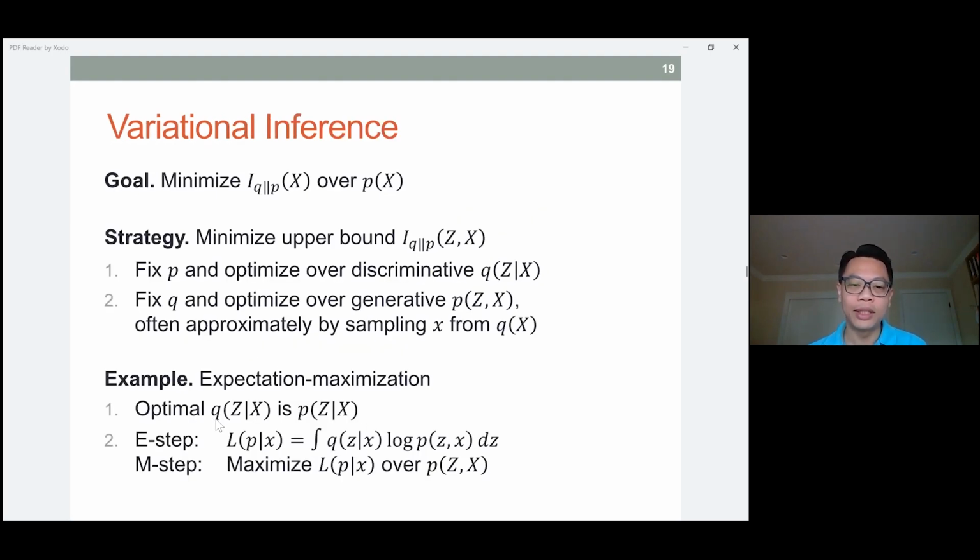Okay, so the optimal one is going to be when Q is exactly equal to P of Z given X. And in the second step, I'm going to fix Q and optimize over P. And in that step, I'm going to end up with a function called L, which is some kind of expectation, and minimizing this joint relative information is going to be equivalent to maximizing this expectation. And so this is why it's called EM. EM because there's an expectation and there's a maximization.